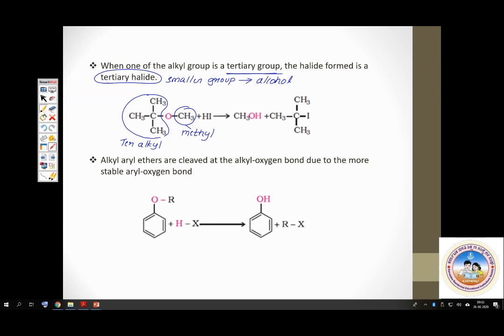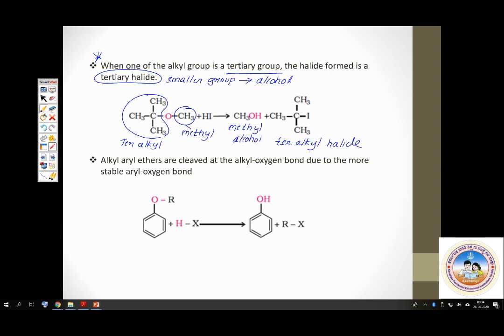So this forms the alkyl iodide, tertiary alkyl halide, or to be precise, tertiary alkyl iodide. And the smaller methyl group forms the alcohol, methyl alcohol. Very good, important.